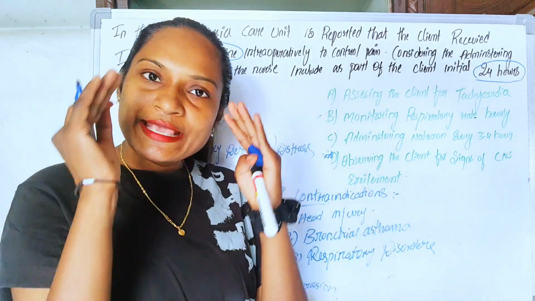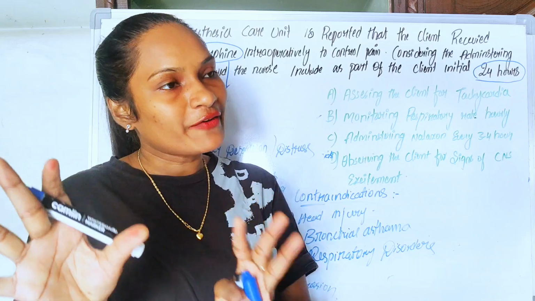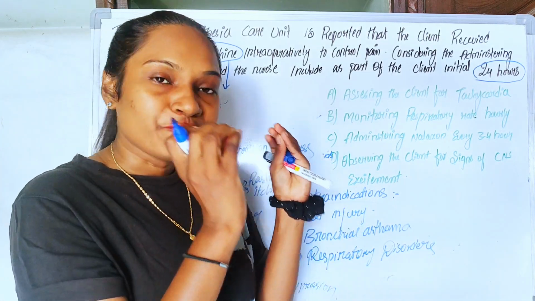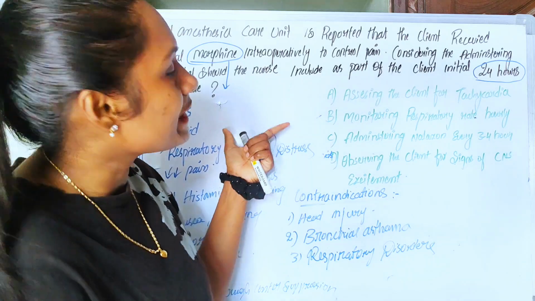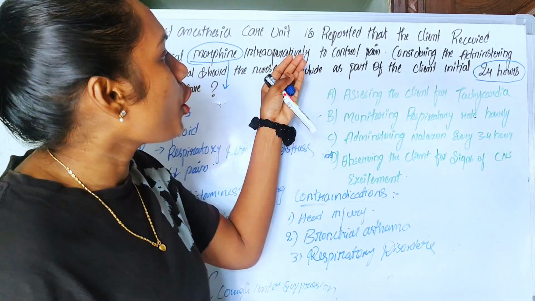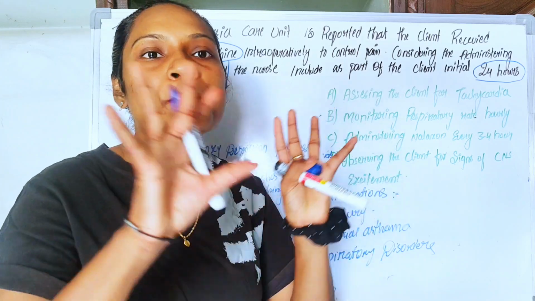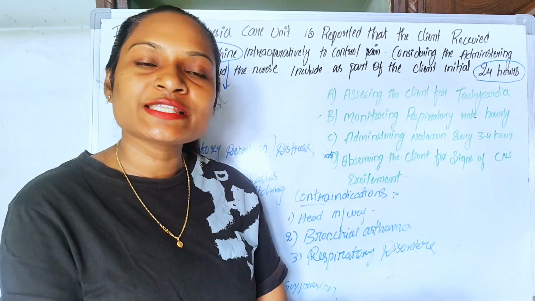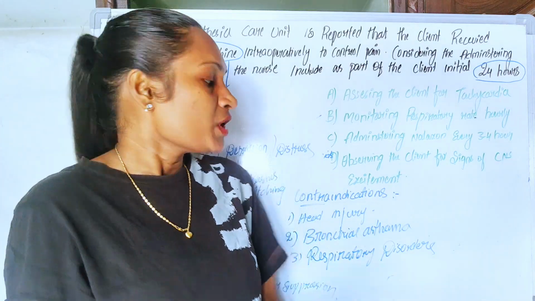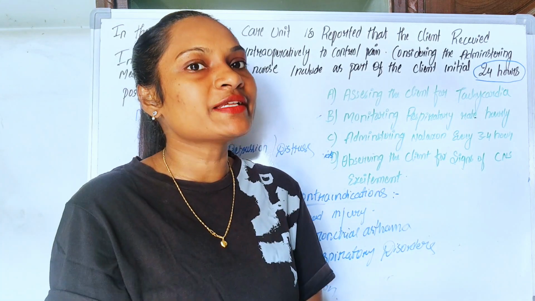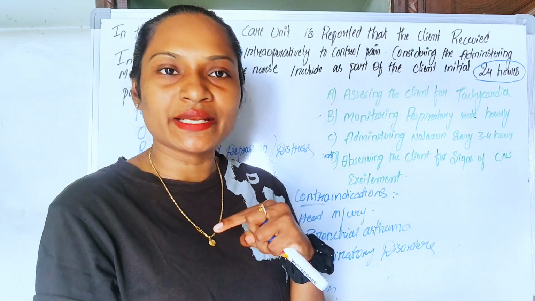In the exam, if unfortunately they ask in which conditions morphine is not given, and in the options all the other conditions are not there and only pancreatitis is there, then you can go for pancreatitis.